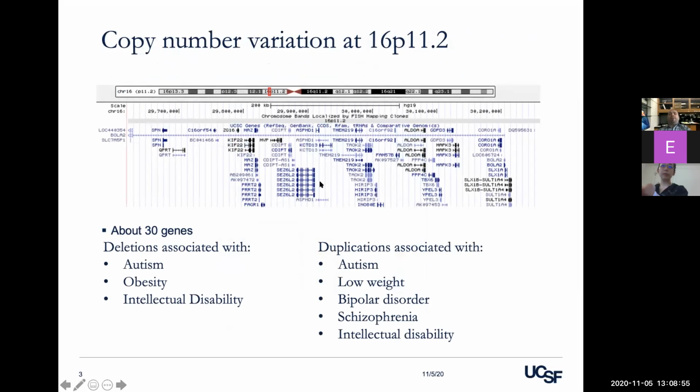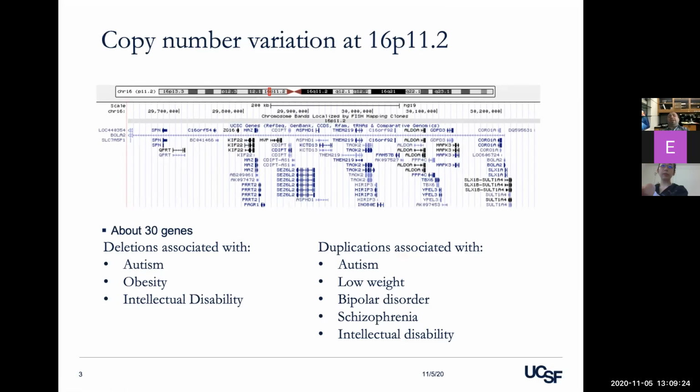One of them is on chromosome 16. It encompasses about 30 genes. So here we either have all 30 genes that are missing or all 30 genes that are duplicated. So a deletion carrier has only one copy of each of these genes, and a duplication carrier has 3 copies. And a non-carrier would have 2 copies of each of these genes.